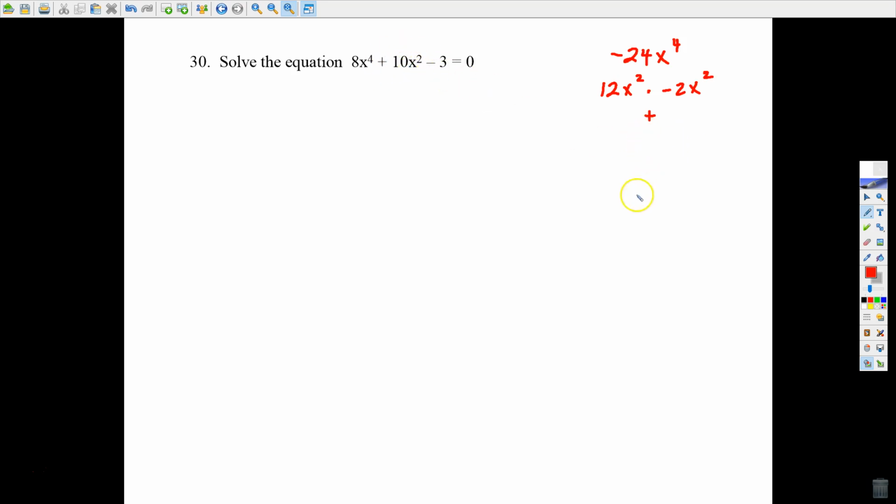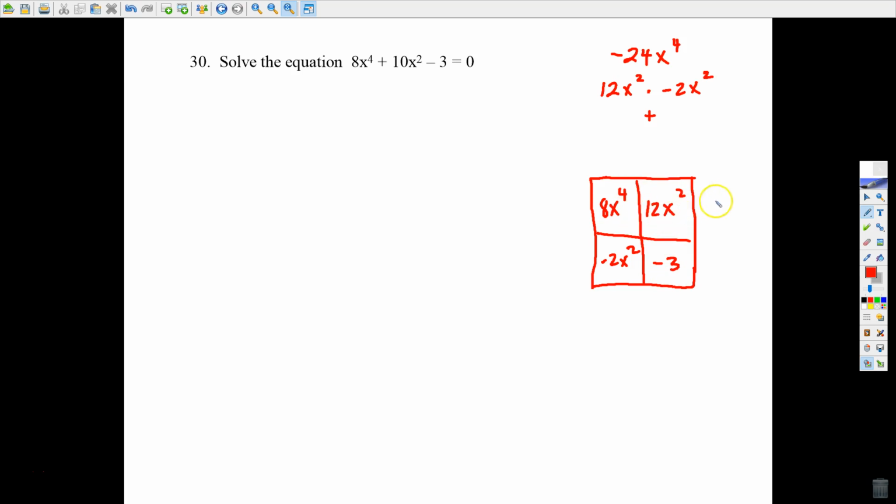So I know factoring is possible, and this is a good time, if you want to, to pull out the old box method. We've already found the terms that would go in these other boxes, and it doesn't matter in which order you place them. Find the GCFs of each row and each column, and you'll have your factoring.